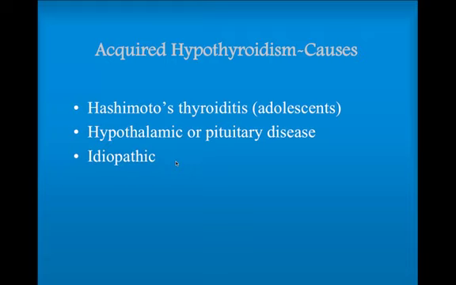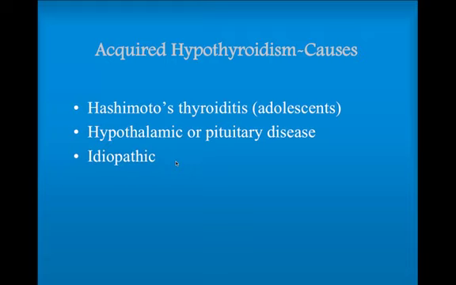The difference that you see in children is that they grow, and as they grow they need more thyroid hormone, so you have to track them a little more carefully than you would an adult who has hypothyroidism, where their need for thyroid hormone is fairly steady. A child's need will be increasing over time.